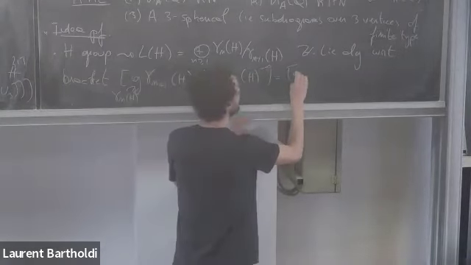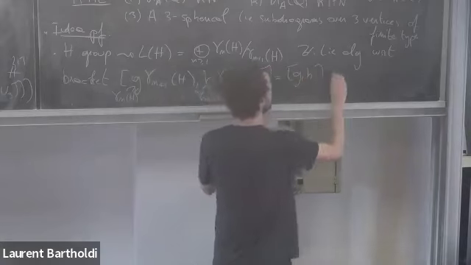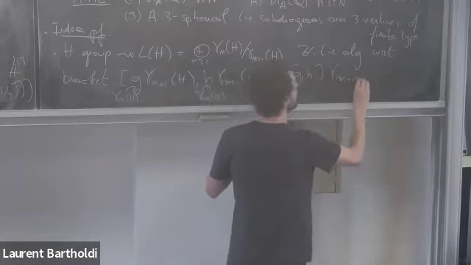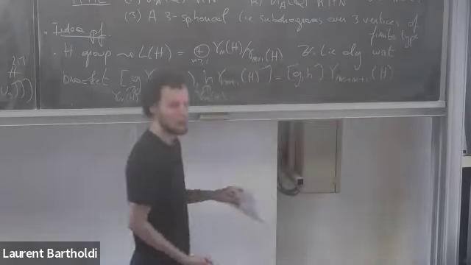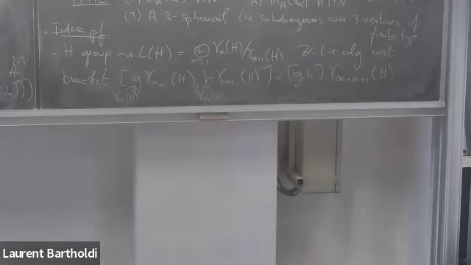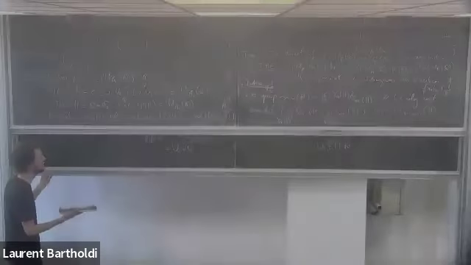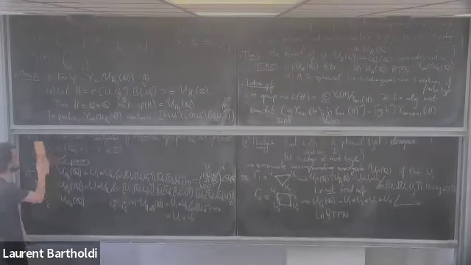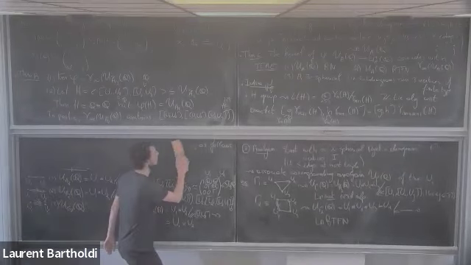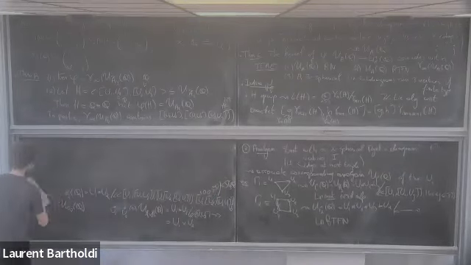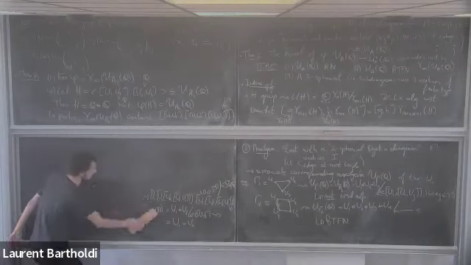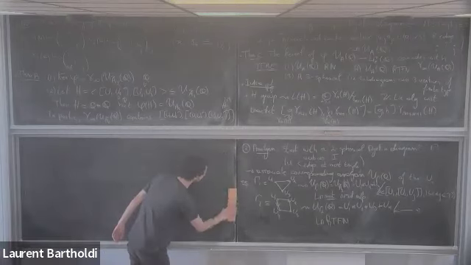This bracket is the commutator bracket of h and g, modulo gamma n plus m plus 1 of H. The fact that it satisfies the Jacobi identity just follows from the usual commutator formulas, the Hall-Witt identity and so on.